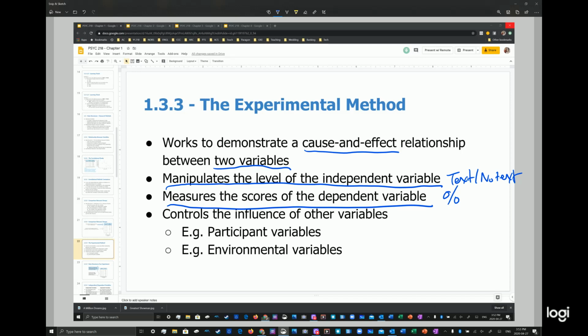And while we do this, we are also controlling all other variables. We try to control for individual differences, and we try to make the environment the same for everybody.